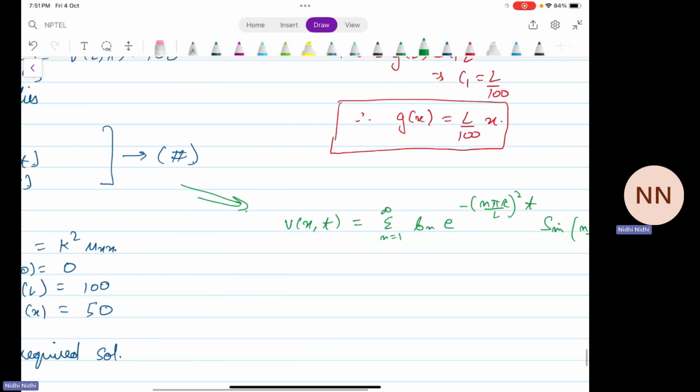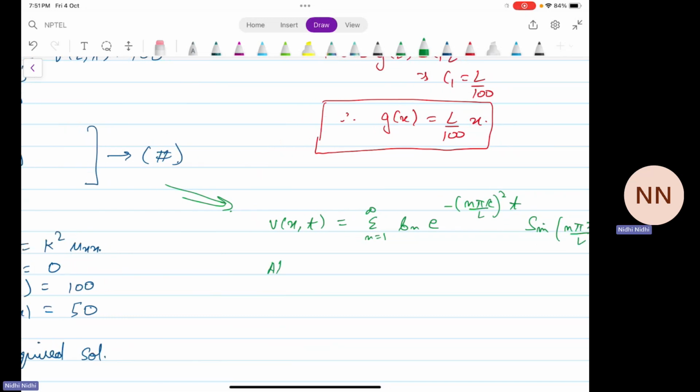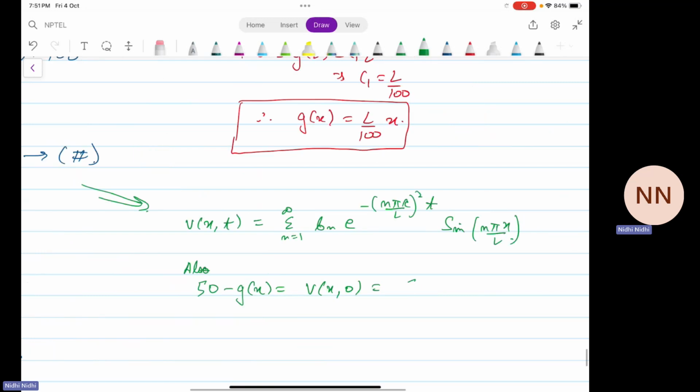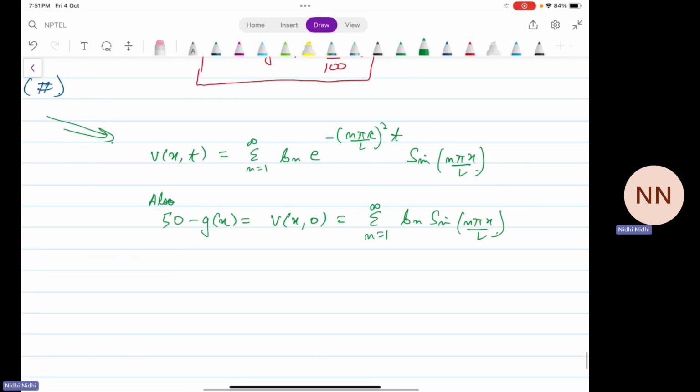And also we have 50 minus G(x) is equal to V(x,0), which is equal to summation n from 1 to infinity Bn sine n pi x by L. From here we can evaluate Bn.